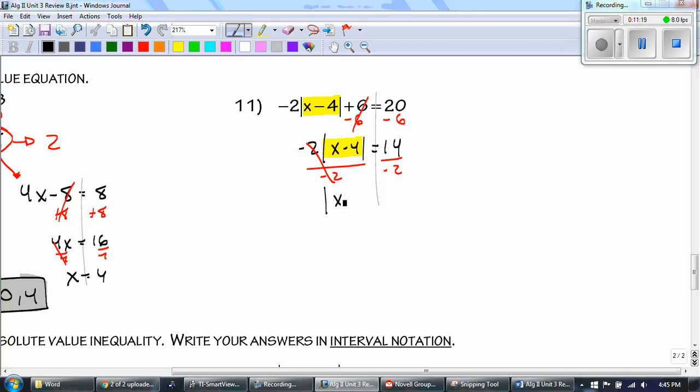And when we do that, we get the absolute value of x minus 4 equals 14 divided by negative 2, which is a negative 7. And I'm sorry, but the absolute value cannot equal a negative number. So this is no solution. And you can just come over here and use your symbol.